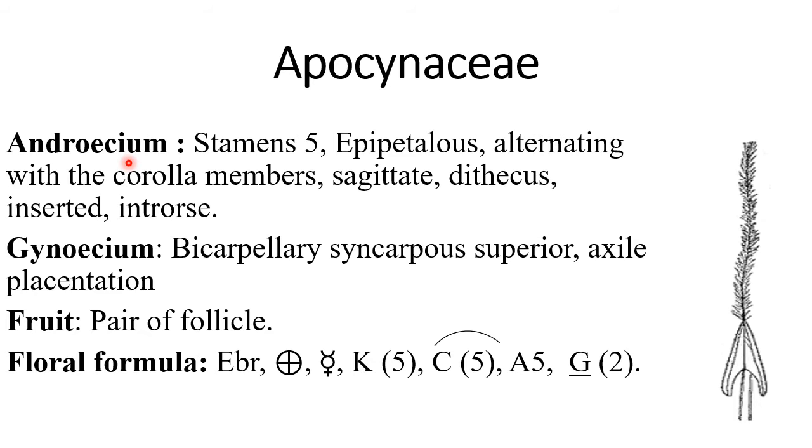Androecium, the member of androecium is stamens, which are 5 in number. They are always epipetalous when the family is gamopetalous. Then alternating with corolla members, it is sagittate. This word sagittate came from the Latin language, which means arrowhead or arrow shaped.